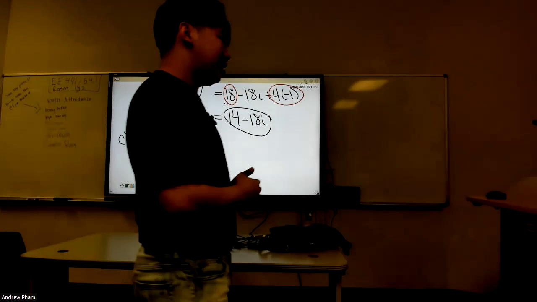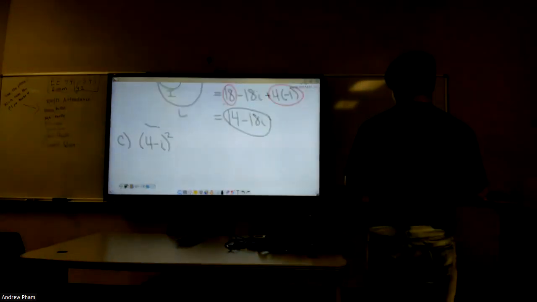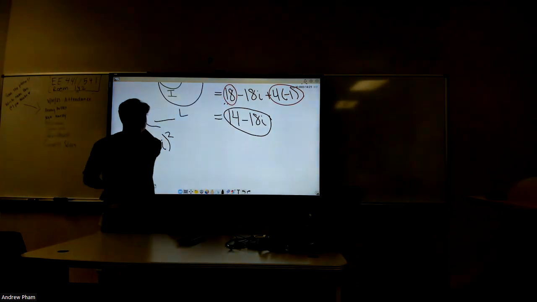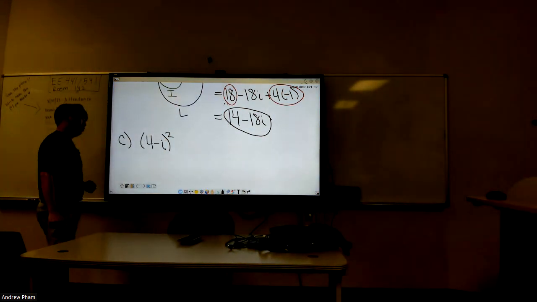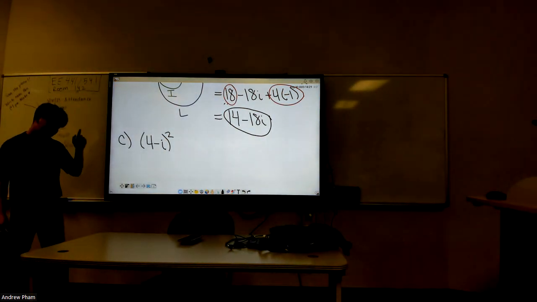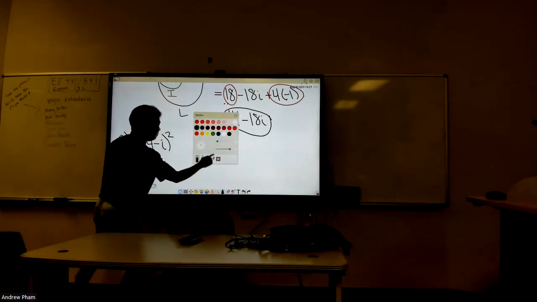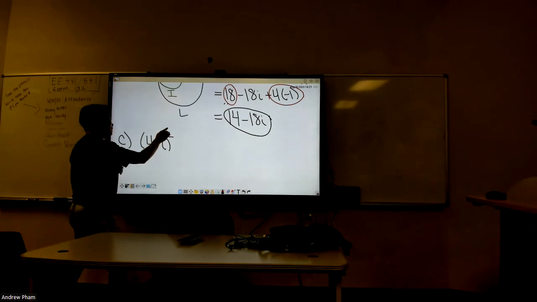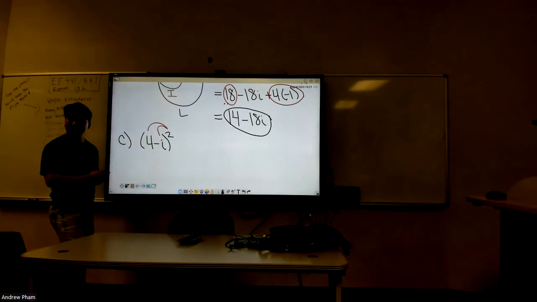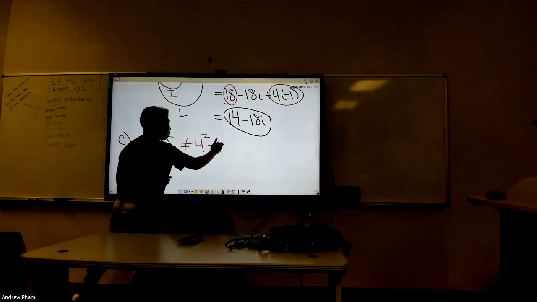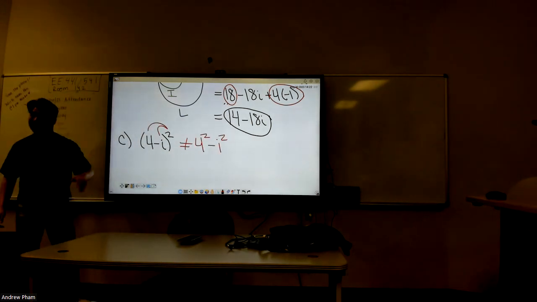There's something very big that you do have to be careful about from the beginning. Let me show you something that I don't want to see. Something that would be wrong would be writing this as 4 squared minus i squared. That's not correct.